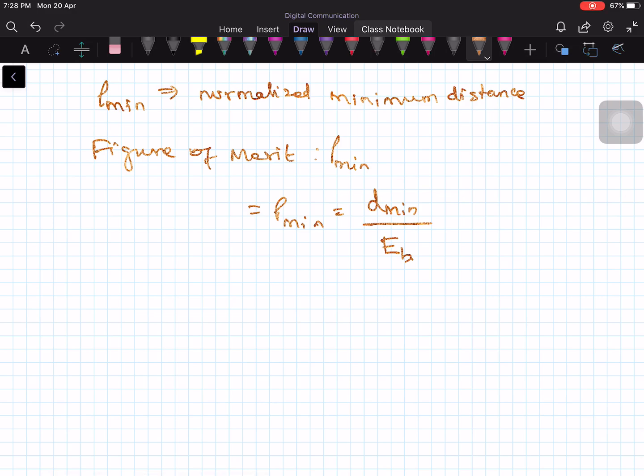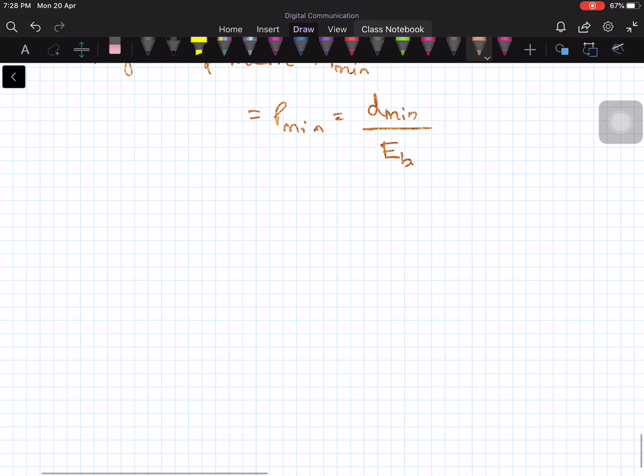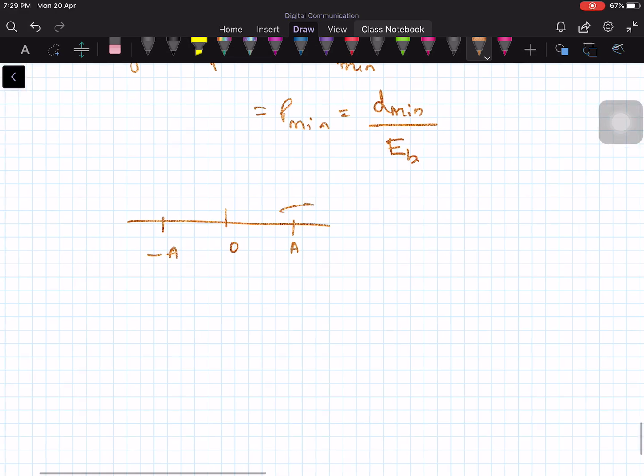Just to give you a feel for what kind of values we'll have for a figure of merit. For example, if you take BPSK, this is 0, and let's say this point is a and this point is minus a. What is the d min here? D min is equal to 2a, the difference between these two points. What is the energy?